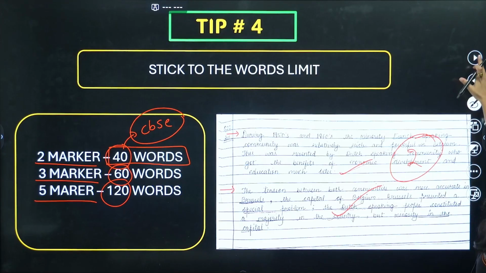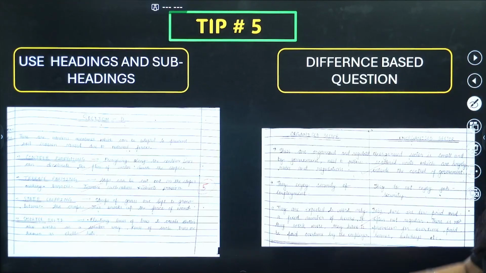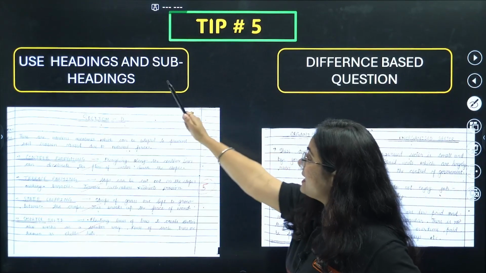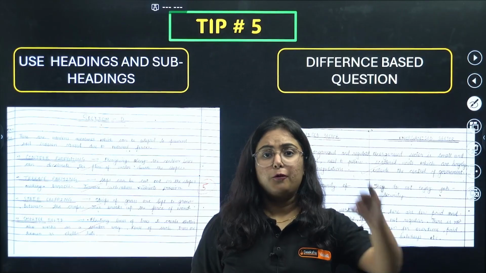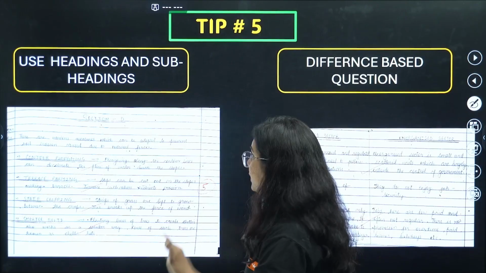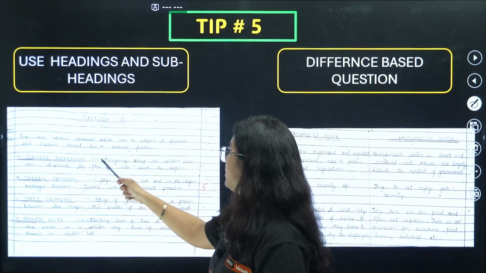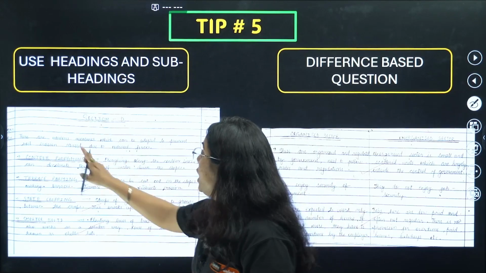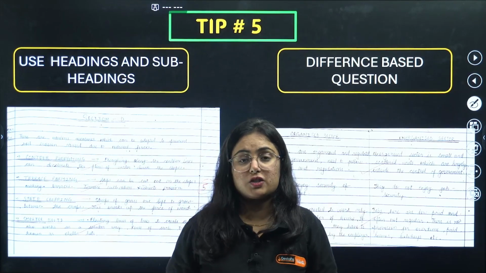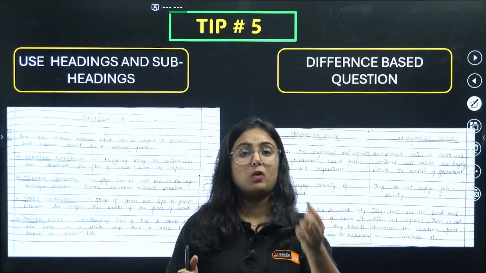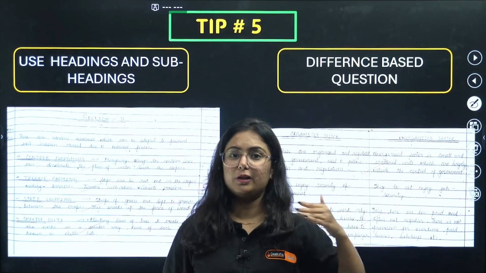Okay, moving to tip number 5, and very important: use headings and subheadings in your answer. For example, you have started a question that there are various measures which can be adopted to prevent soil erosion. Now the question was, how can we prevent soil erosion? We know that there are several methods.